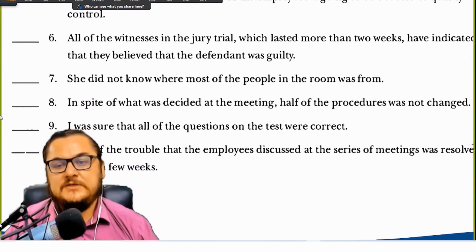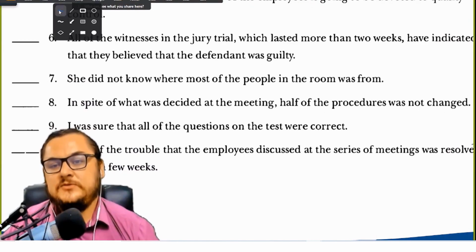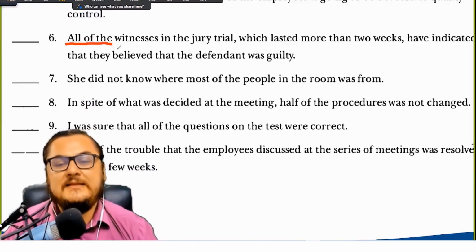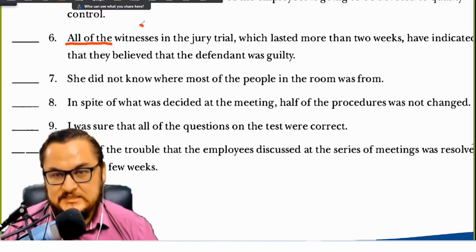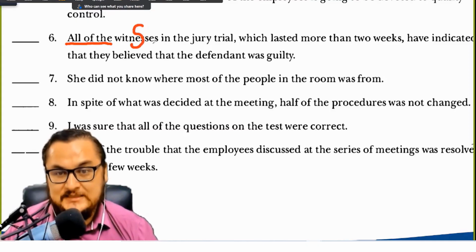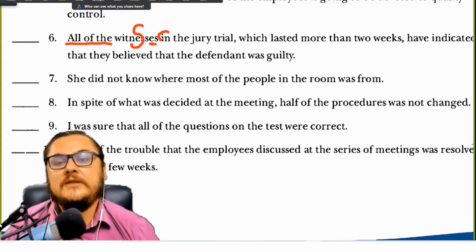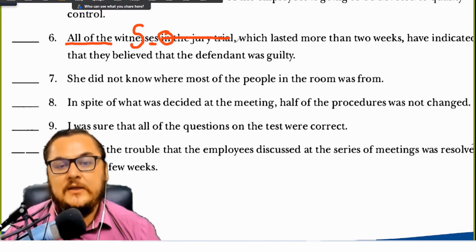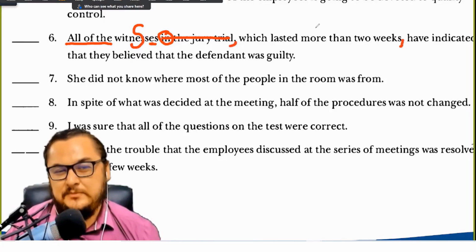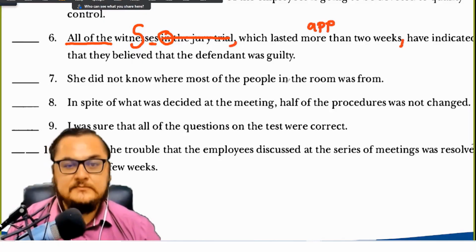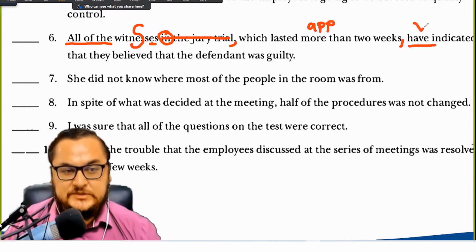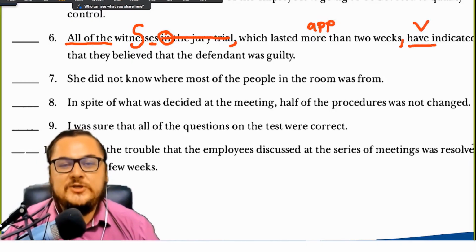We look at number 6. And what did we find? All of this is what makes me understand that the word witnesses is the subject of the sentence and is plural. Then we have a preposition that we can eliminate, and then there's an appositive that I can also ignore at this point. And I'm going to find the verb of the sentence. The verb of the sentence is plural.